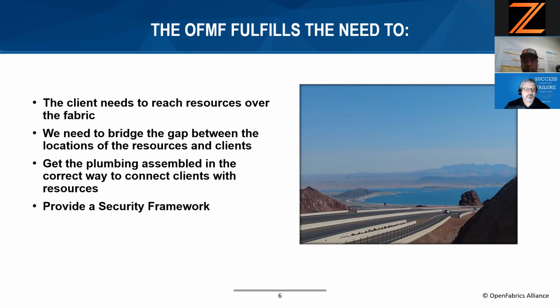And if you have an issue or if something gets disconnected, you can actually find a different way to reattach that same resource. And also, like I said, you can provide security so that people have subdivided networks, and they can have multiple people on there with different security levels. Next slide.